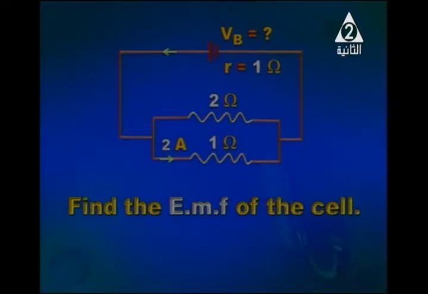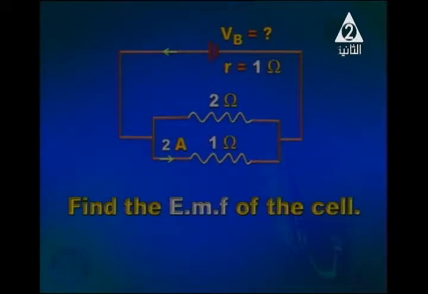Voltage across the 2 ohm will also be 2 volt. And knowing the voltage and the resistance, we can calculate the current. So current through the 2 ohm resistor, it is 2 divided by 2, it will be 1 ampere. 1 ampere plus 2 ampere will give the total current.